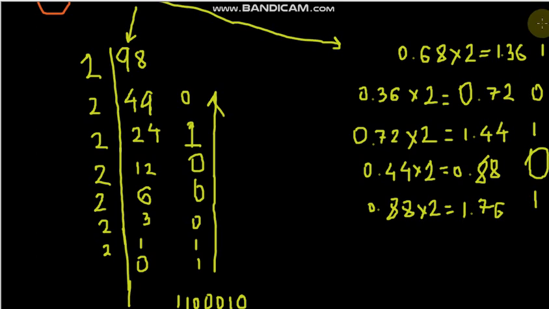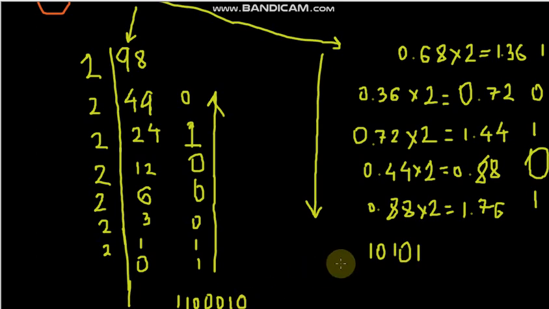And now we have to write these numbers in the downward direction, from upward to downwards, in this manner. So what it will be, 10101, and now joining these two numbers we get a final equivalent number as 1100010.10101.